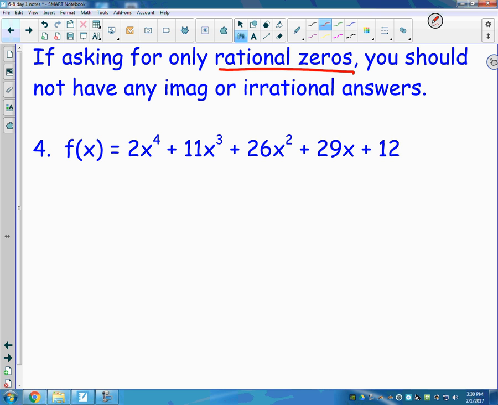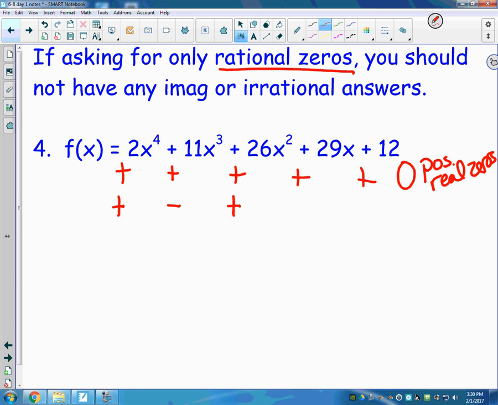So again, step one, I like Descartes' rule of signs, so I'm going to start with that. Plus, plus, plus, plus, plus. Hey, look at that. There are no sign changes, which means I know there are 0 positive real zeros. So I kind of don't even care to do the other ones, but I'll do it. If I did negative here, that would stay the same. That would change.